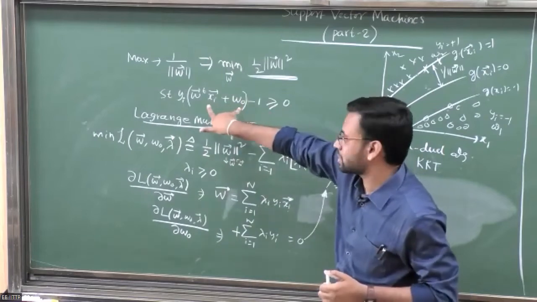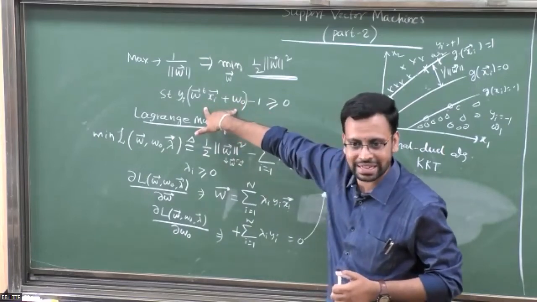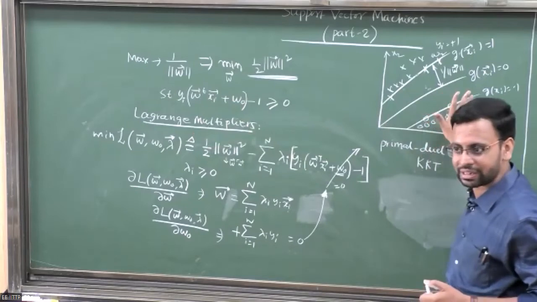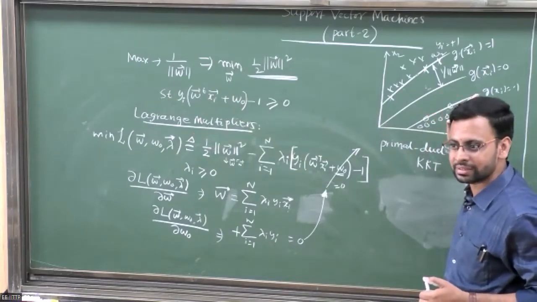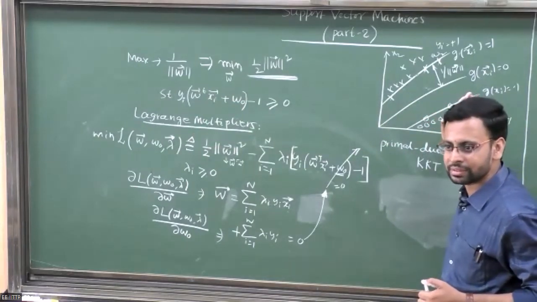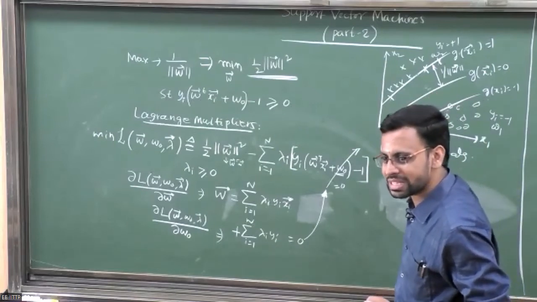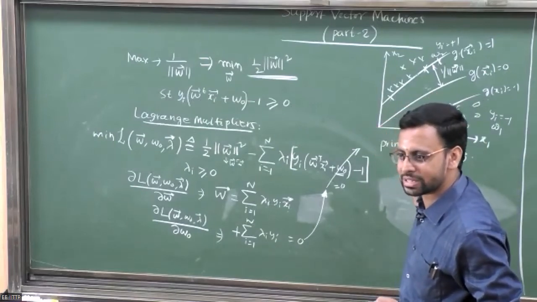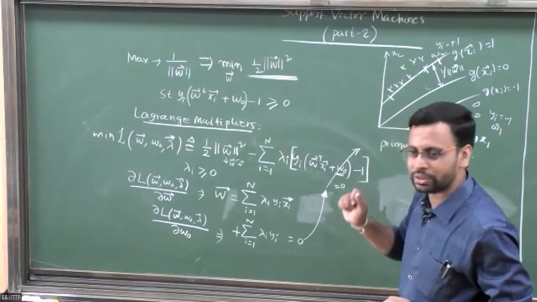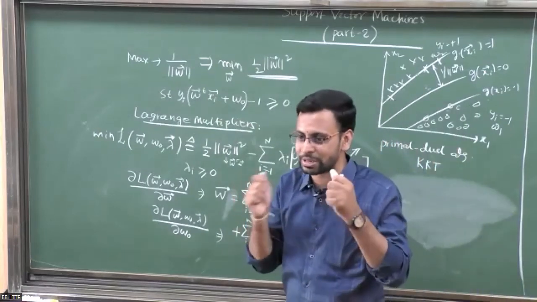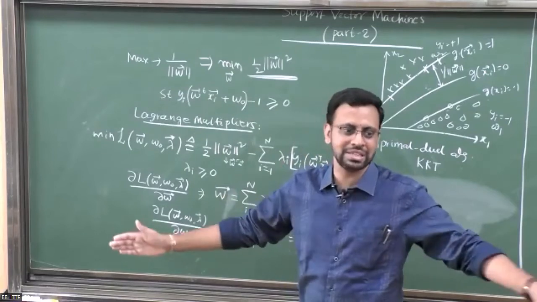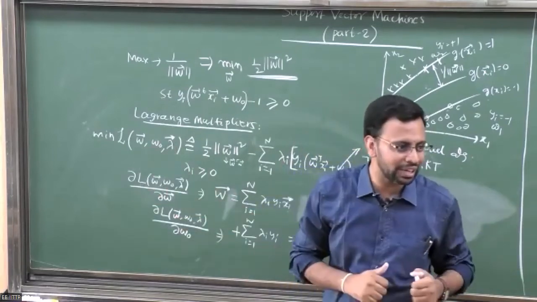What is this constraint? Try to visualize it, then you would realize. If you impose these constraints, for which points is it good enough? Very good. If you impose this constraint on support vectors, obviously it is satisfied for all the rest.